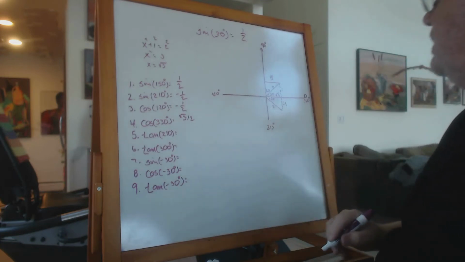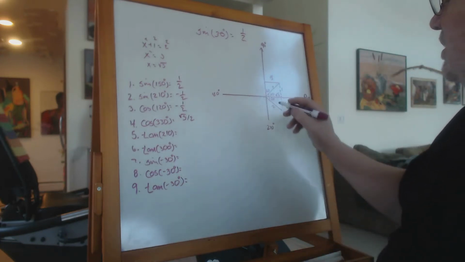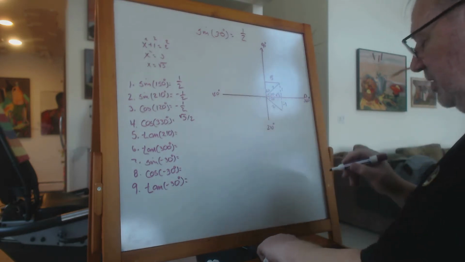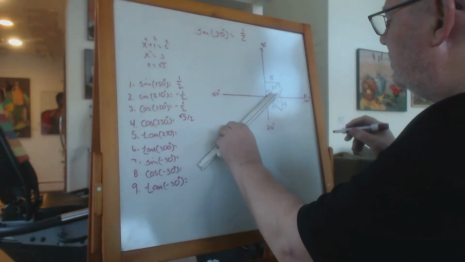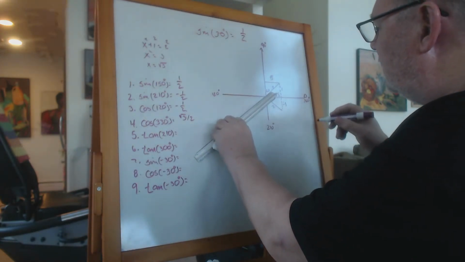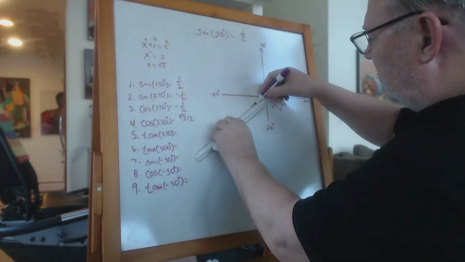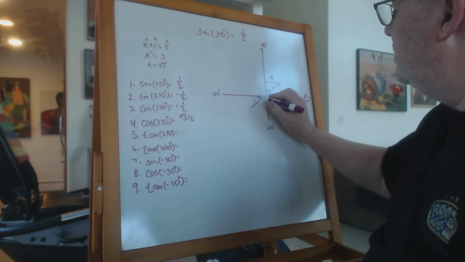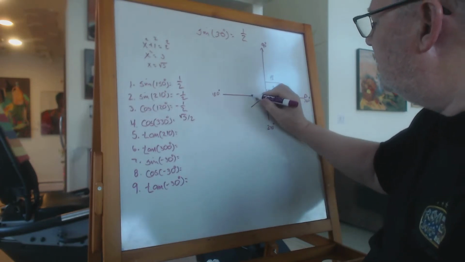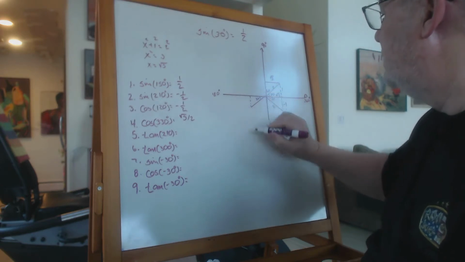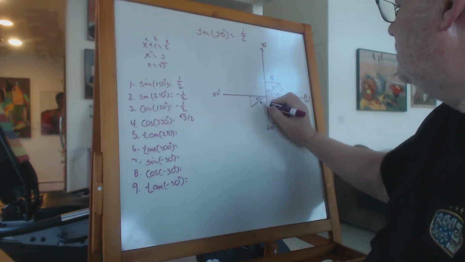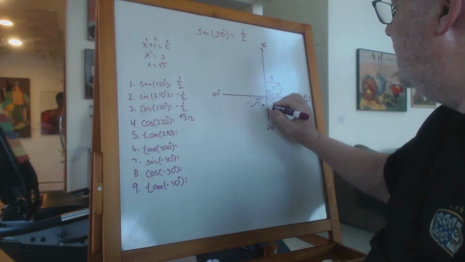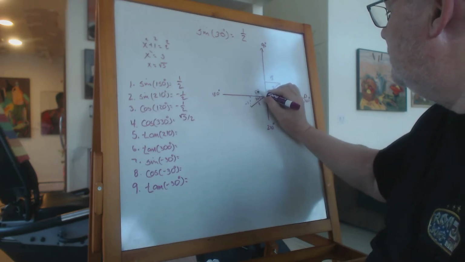Now 210 is 180 plus 30. So we have the tangent. Let's see, we've got to draw the complement again. This is 30. Okay, this is 2, -1, and this is square root of 3, negative.